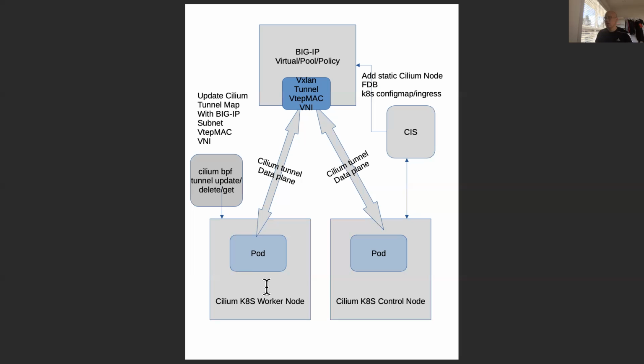So when you have a situation where the Cilium agent pod crashed or got deleted for some reason, or even the whole Kubernetes node rebooted, then we have to run the bash script again to manually update the node's Cilium BPF tunnel map.